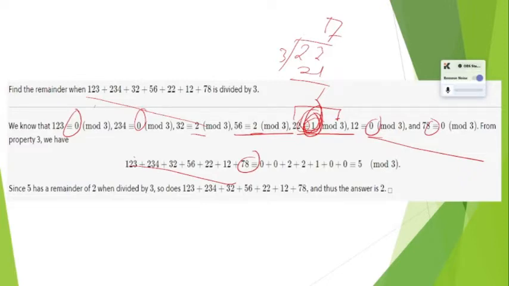Now, if we add 0 plus 0 plus 2 plus 2 plus 1 plus 0 plus 0, that is 5 mod 3. If we get the equivalent of this, that is 5 divided by 3. So that is 1, and we got a remainder 2. So the answer would be 2.